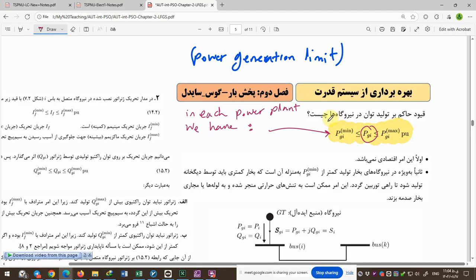In other words, it is impossible to generate zero power.